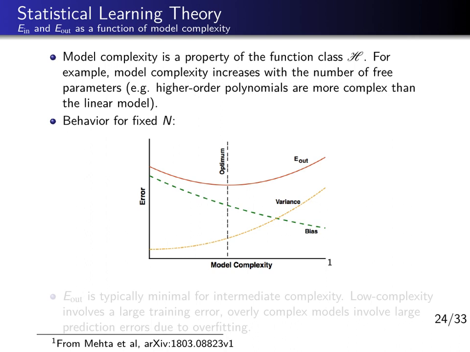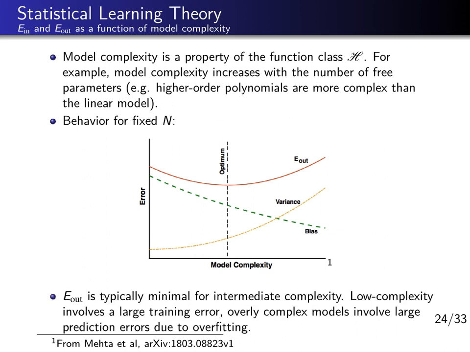On the other hand, a simple model has a small variance, and a complex model with a lot of degrees of freedom has a high variance. So as a function of model complexity, the bias decreases and the variance increases, and their sum gives rise to this minimum expected validation error, or minimum E out, for intermediate model complexity.